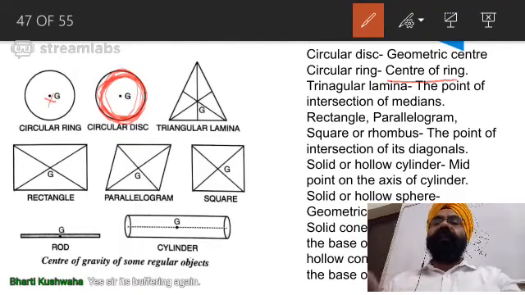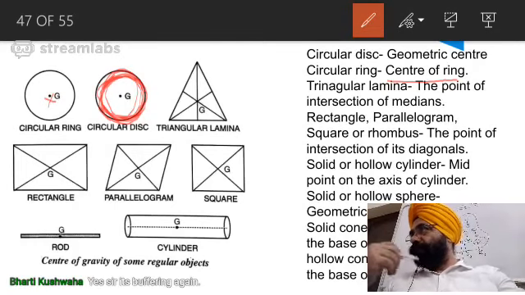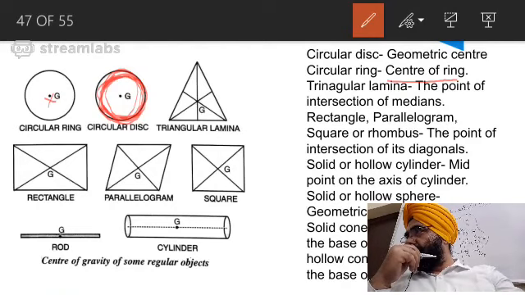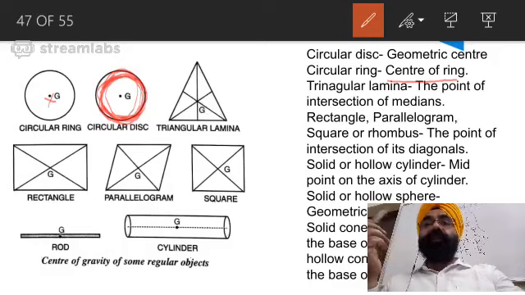Sir, we say that we can balance anybody by applying force on the COG, but in case of a ring, its COG is in the air.